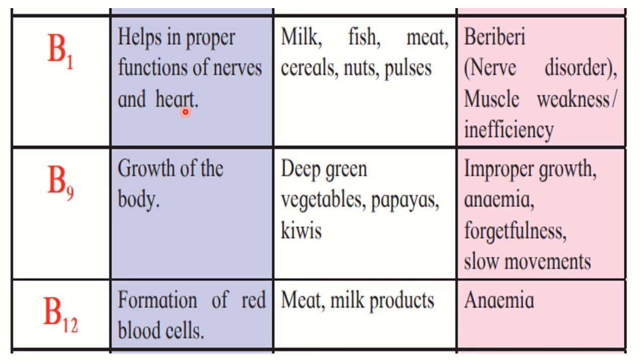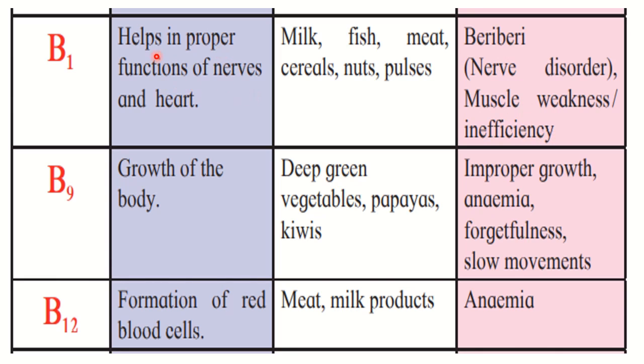The sources here are milk, fish, meat, cereals, nuts, pulses. All these are sources of vitamin B1. The diseases caused because of the lack of this vitamin are beriberi, which is a nerve disorder, and muscle weakness or muscle inefficiency.